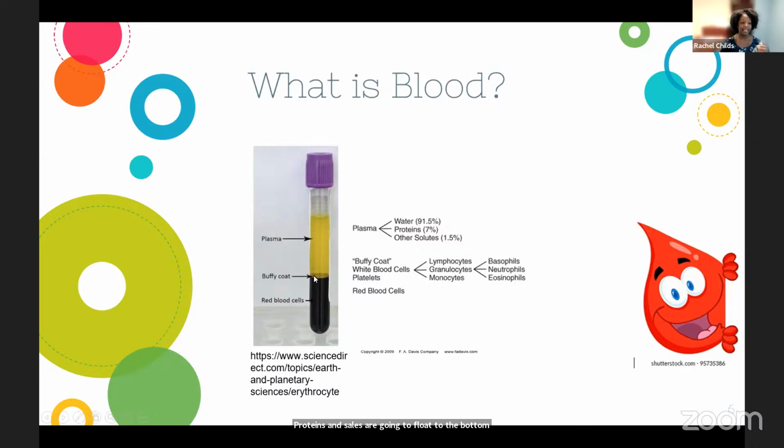In the middle, there's a very small layer called the buffy coat, which contains your white blood cells and your platelets. We will talk about all of the different white cells present in your blood, as well as the functions of each of them. And lastly, at the top layer of your blood is your plasma, which again contains water, proteins, vitamins, and other solutes that provide nutrients to your cells.